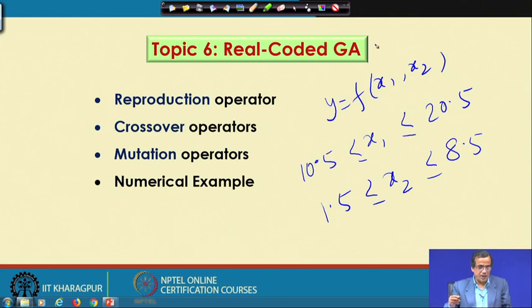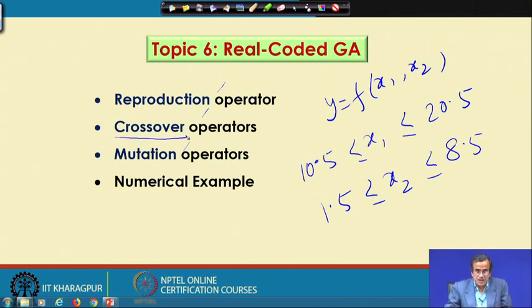Here, we take the help of the same set of operators: reproduction, crossover and mutation. Generally we use a reproduction operator like tournament selection for this real coded GA. Now, let us concentrate on the crossover operator.